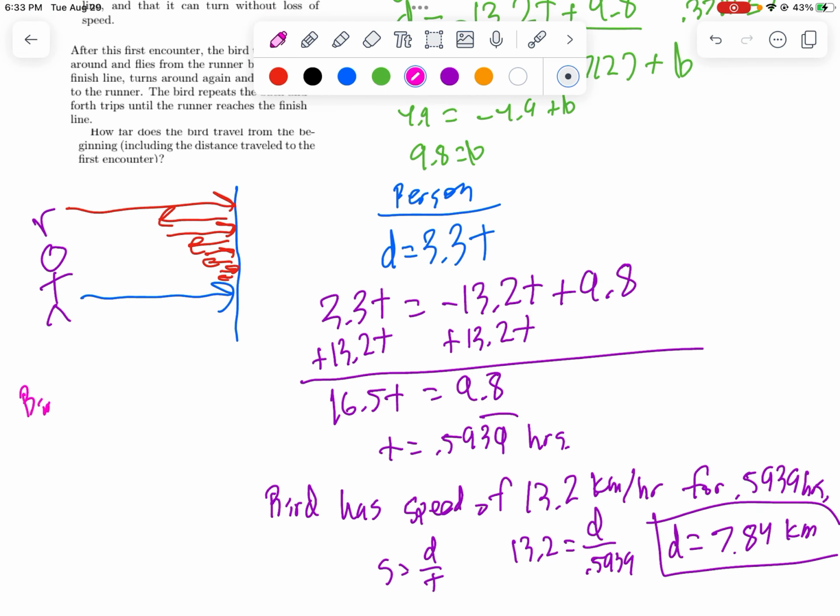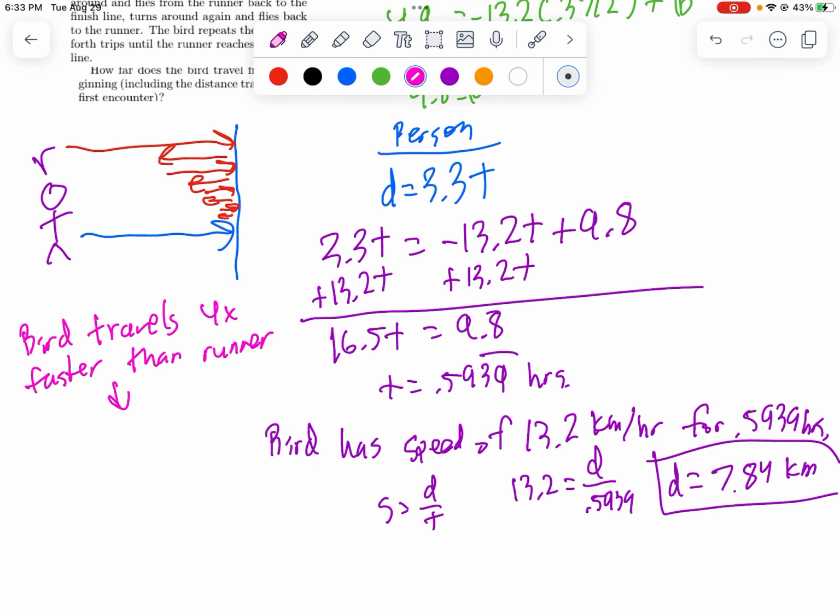So the bird travels 4 times faster than a runner. Because it travels 4 times faster, it travels 4 times the distance. This only works if they move the same amount of time, which they do.